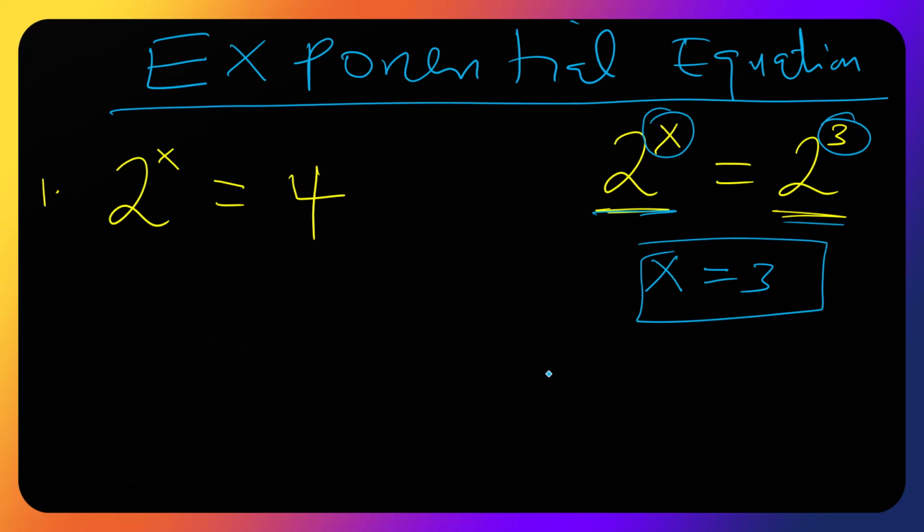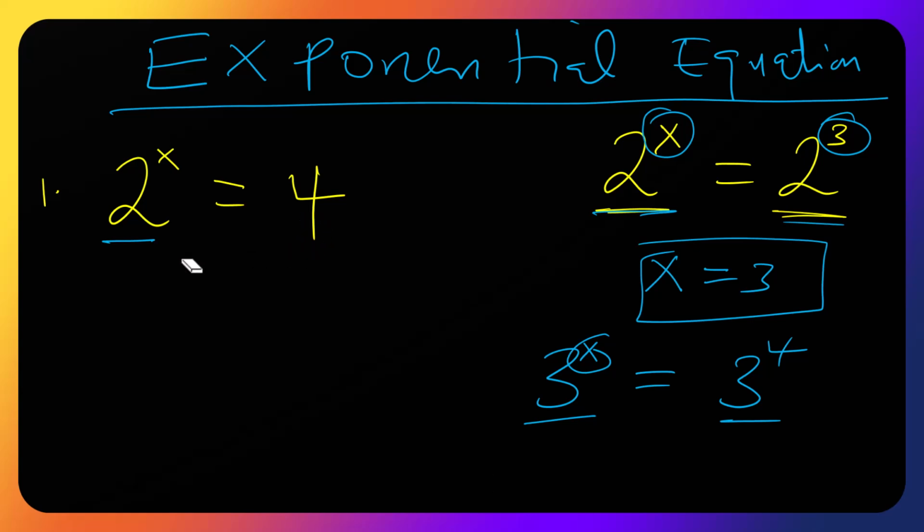Now, we can cite so many examples. 3 to the power of x equals 3 to the power of 4. We have 3 here, 3 here. So x is simply 4. But at times, you won't get the bases being equal straightforward. You have to adjust it and make it equal. So in a situation like this, this side is 2, this side is 4.